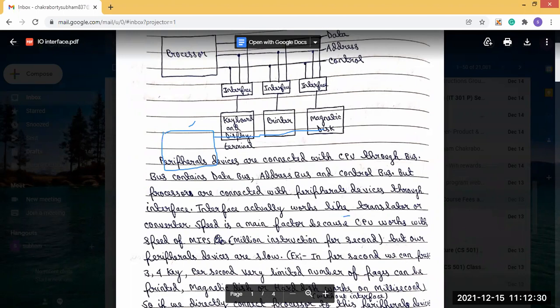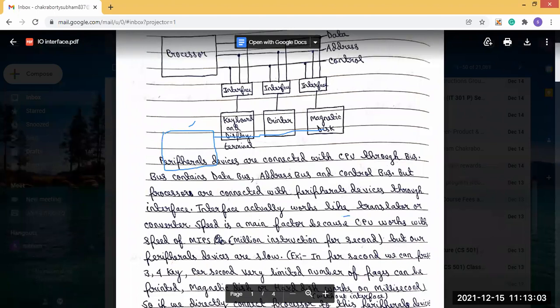If we use a keyboard as the input device, think how many keys you can press in a single second. Even if your hand is very fast, you can press maximum 3-4 or 5 keys.